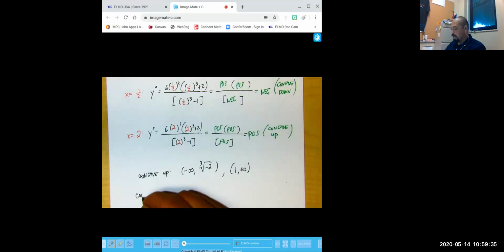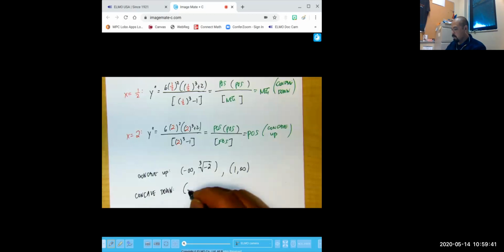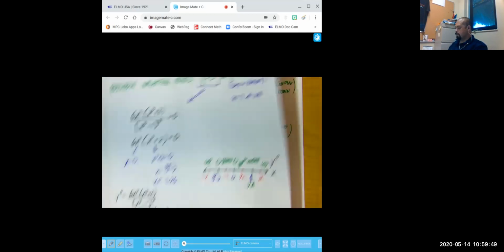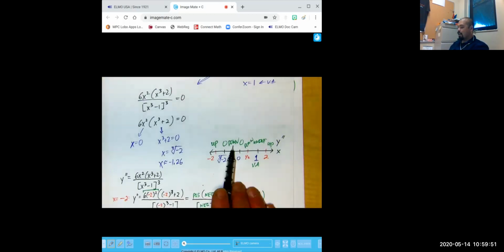In between, we're going to be concave down. From here, that cube root of -2 or negative cube root of 2 is fine as well. And since we're staying concave down the entire time, we can go from the cube root of -2 up to 1, or we can separate.